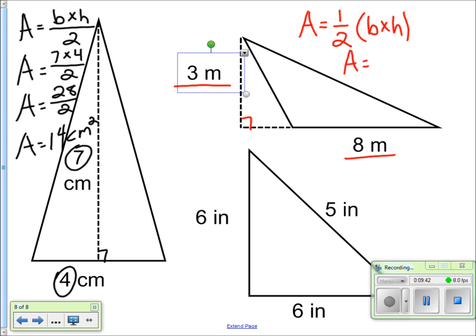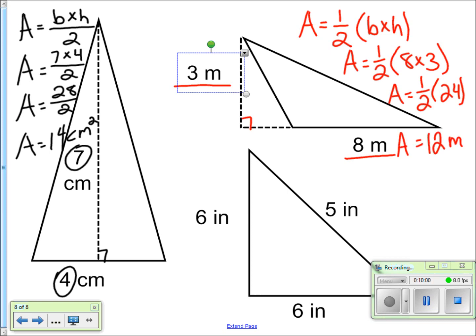So if we insert our numbers into the parentheses, the area equals 1/2 of 8 times 3, which is 24, and 1/2 of 24 equals 12, and our units are meters squared.